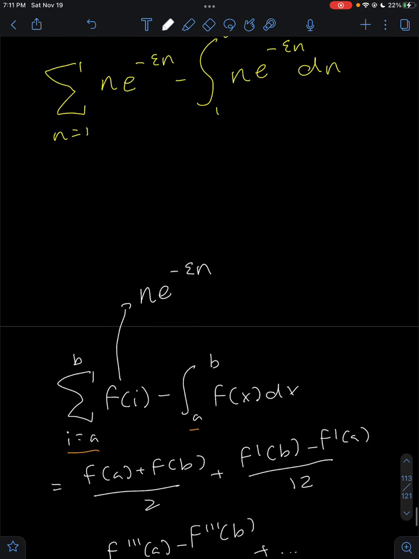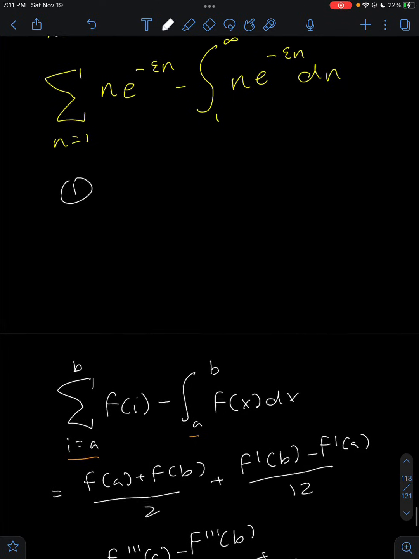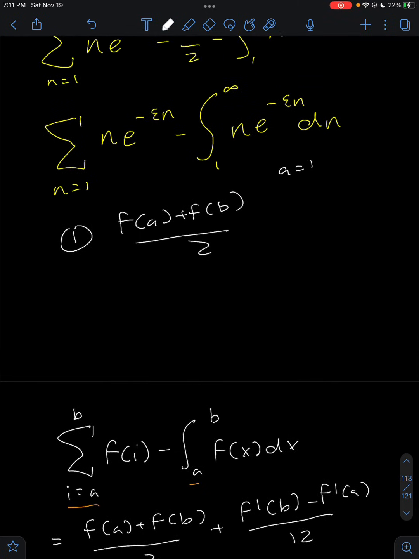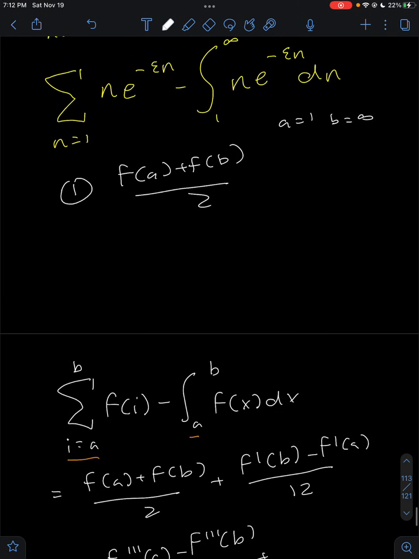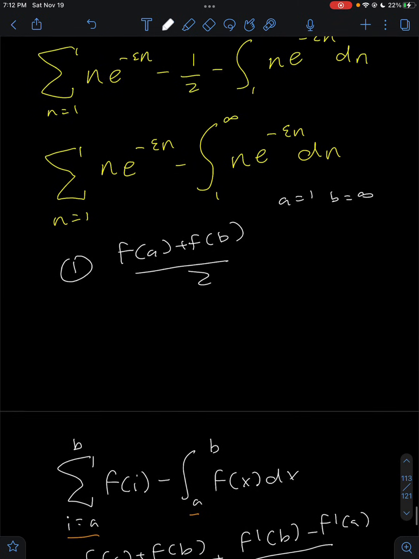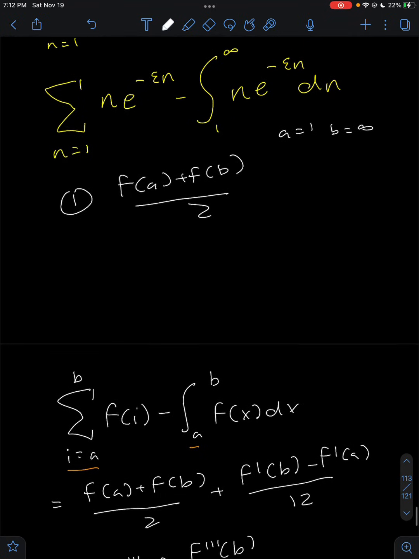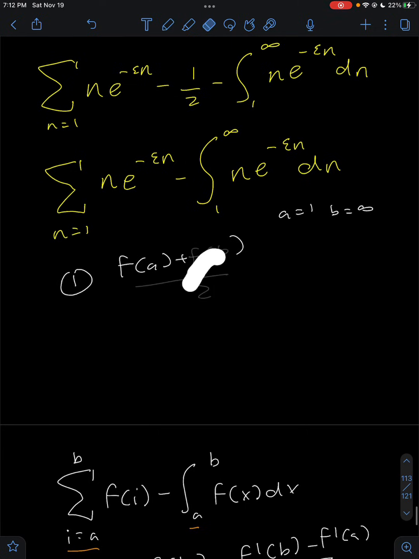Let's break this down into steps so that we don't go crazy. The first step is to find f of a plus f of b, over 2. Here, a is just 1 and b is basically infinity, or better said, the limit as x approaches infinity. So f of a plus f of b is f of 1 plus f of infinity, over 2.